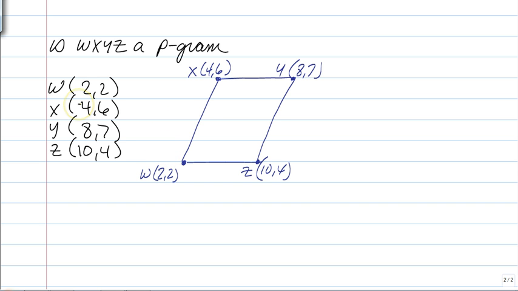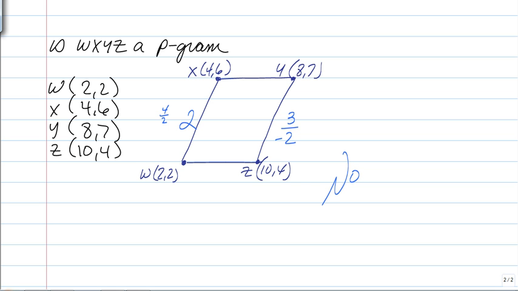So let's see if you did this correctly. The slope of this side would be 6 minus 2 is 4, over 4 minus 2 is 2, so we have a 2 again. Let's check the opposite side. 7 minus 4 is 3, over 8 minus 10 is a negative 2, and you already know that this is not a parallelogram because you already have one set of opposite sides that is not going to be parallel.